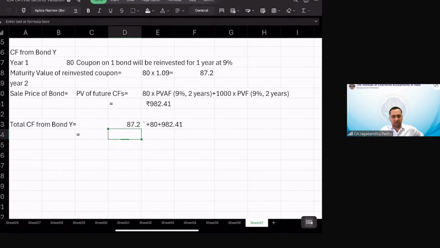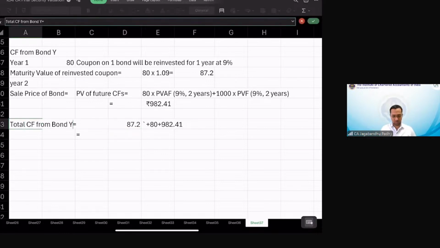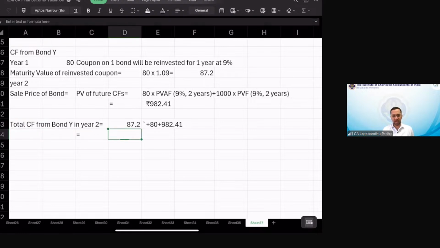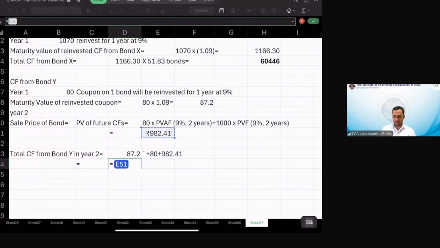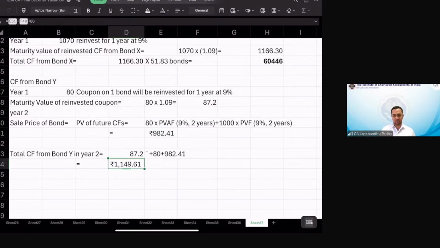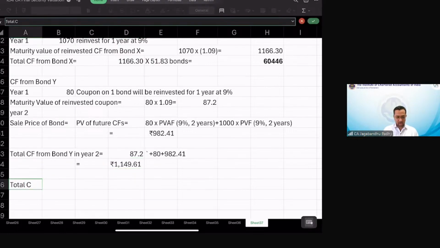So the total amount that you will receive from bond Y in the second year is 87.2 plus the last coupon, which is 80, plus 982. So this will be 982 plus 87 plus 80, so it's 1149.61, right?